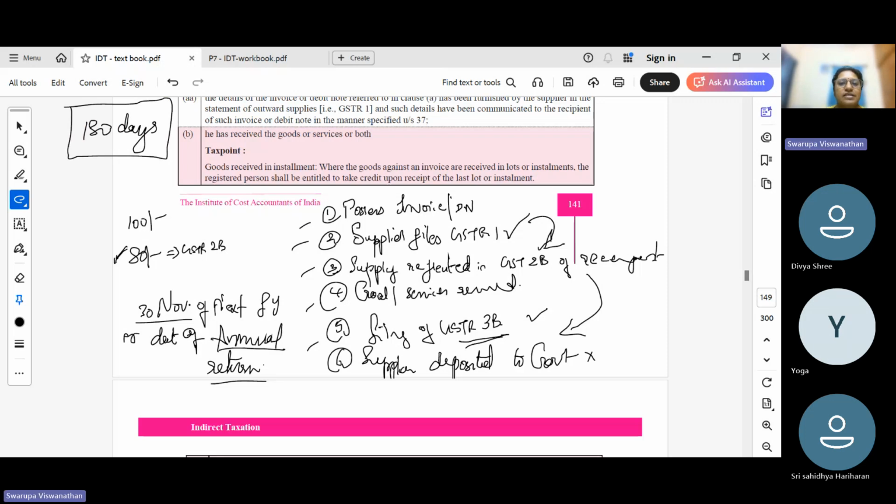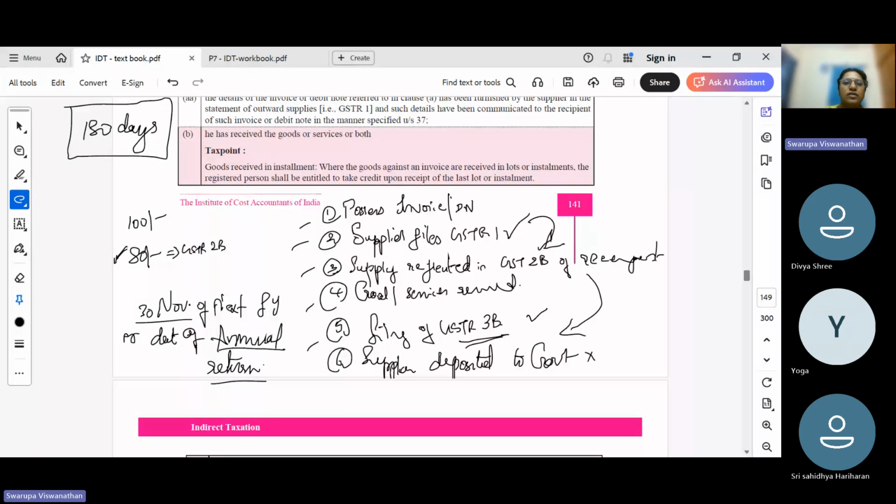If the recipient is not paying the supplier within 180 days, the credit that has been availed by the recipient needs to be reversed on the 180th day. Because there should be a good trade practice. And we cannot just not pay the supplier and avail the credit also.